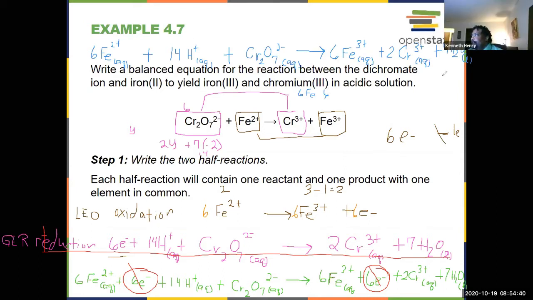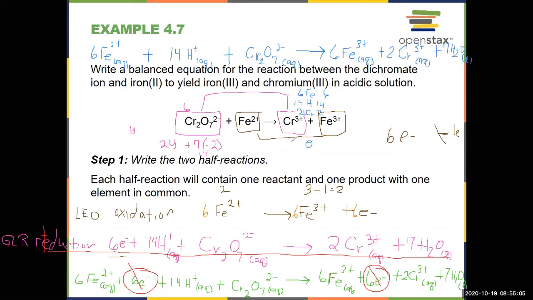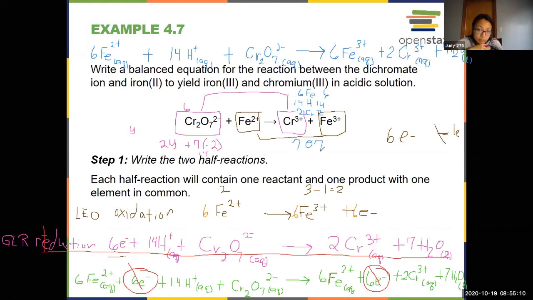How many H's on each side? 14. How many chromiums on each side? 2. How many oxygens on each side? 7. Okay, so 7 on each side. So we're balanced with the chemical equation.